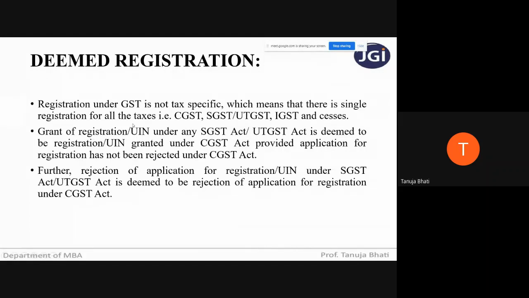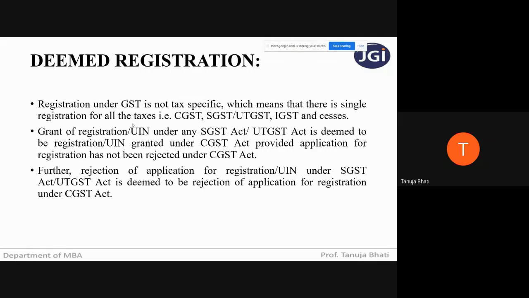Deemed registration means once you have taken registration under the SGST Act, for example under the state of Karnataka because I'm doing business only in Karnataka, that means I have taken registration even to provide outward supplies for IGST. The registration is not tax specific, so I need not take separate registration for the IGST Act, CGST Act or SGST Act. Once you have taken registration under the SGST Act, you can also charge CGST and IGST.